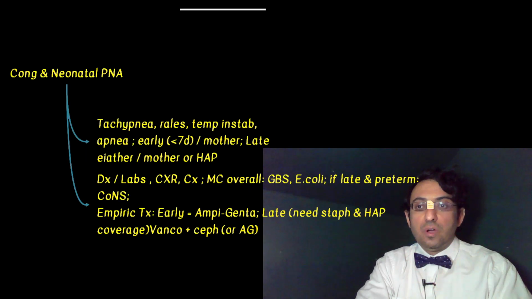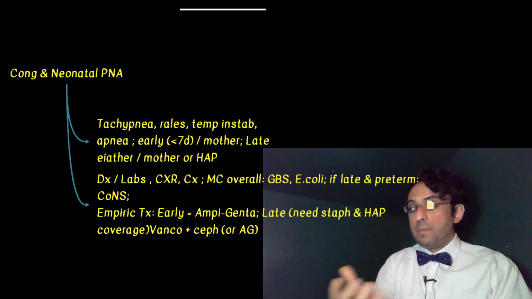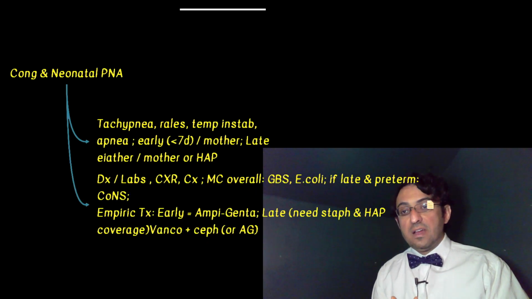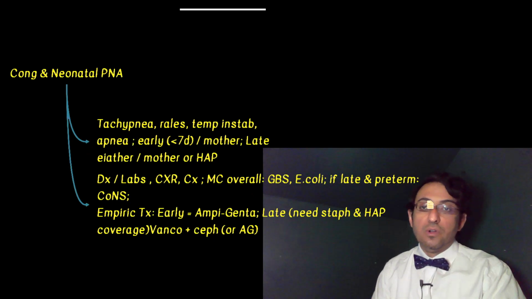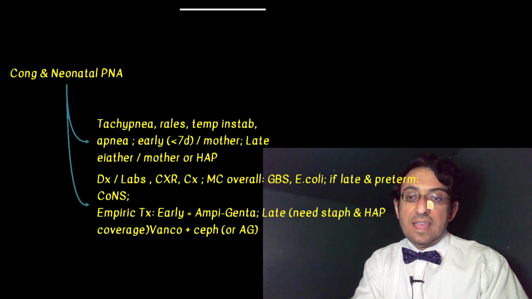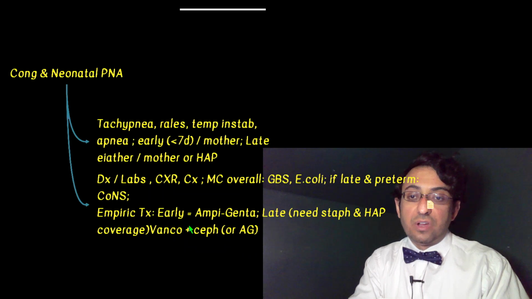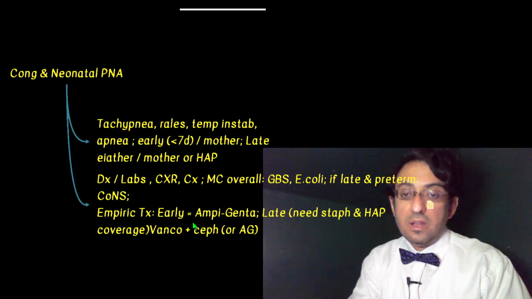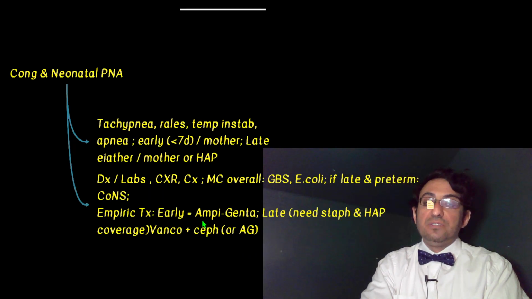Here we require your knowledge of not only the most common pathogens as we discussed, but the early versus late onset. So what is the treatment for the early onset type neonatal pneumonia? We provide ampicillin and gentamicin. What is the recommended empiric antibiotic for the late onset neonatal pneumonia?